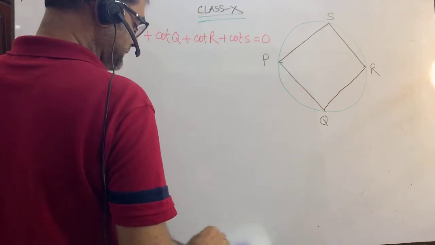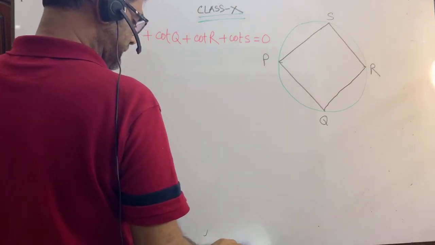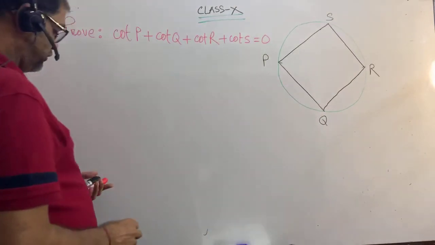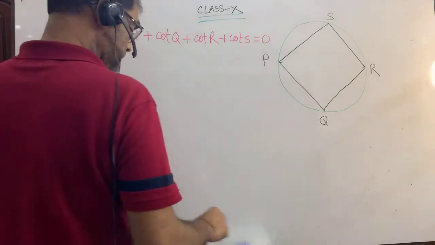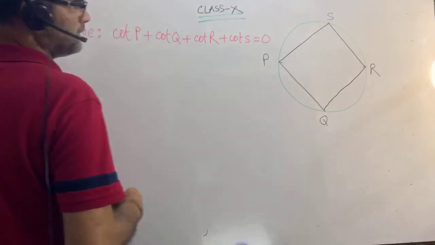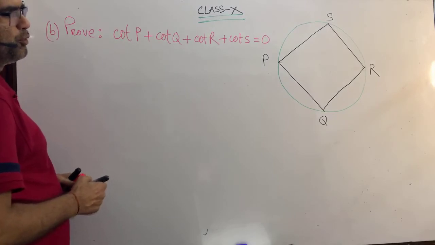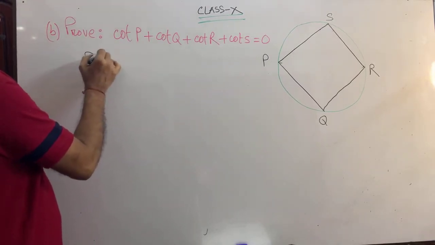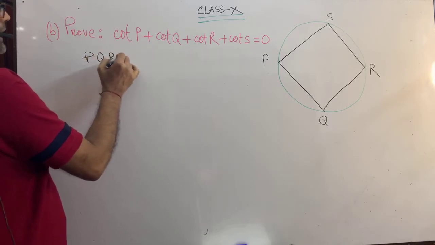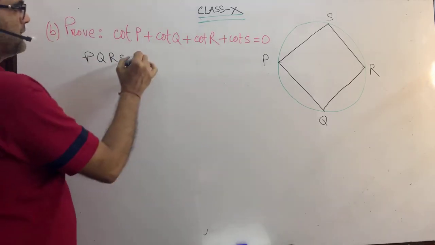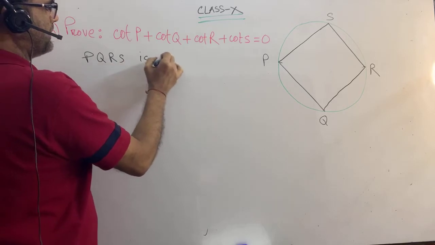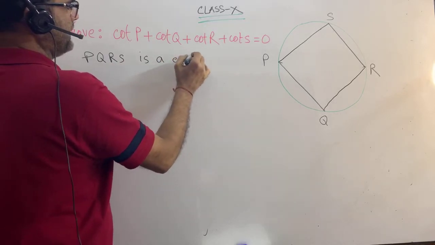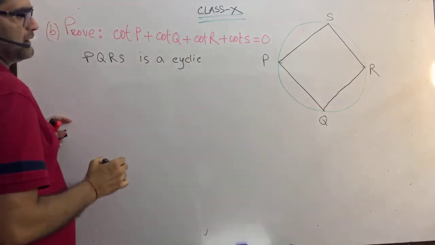Now you see, dear students, what you are getting here. PQRS, write down, PQRS is a cyclic quadrilateral, right?